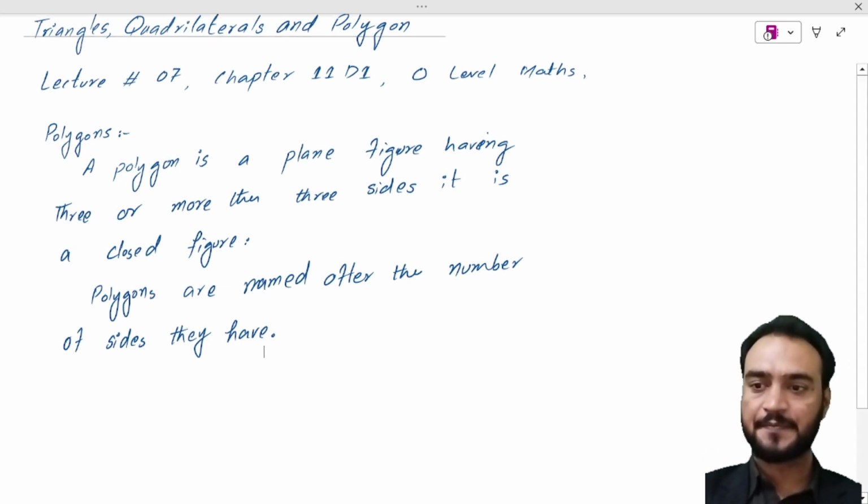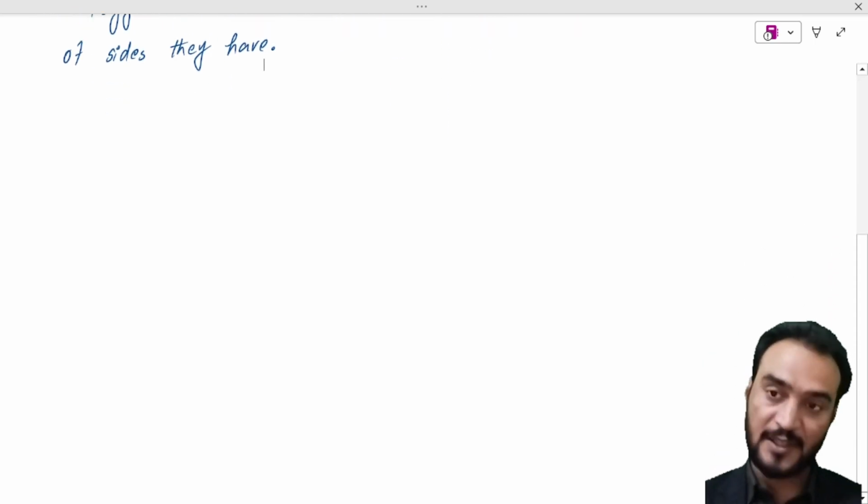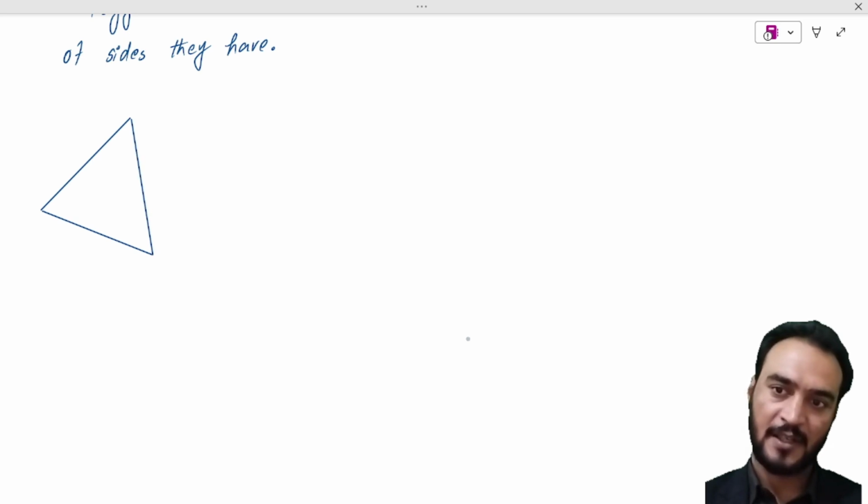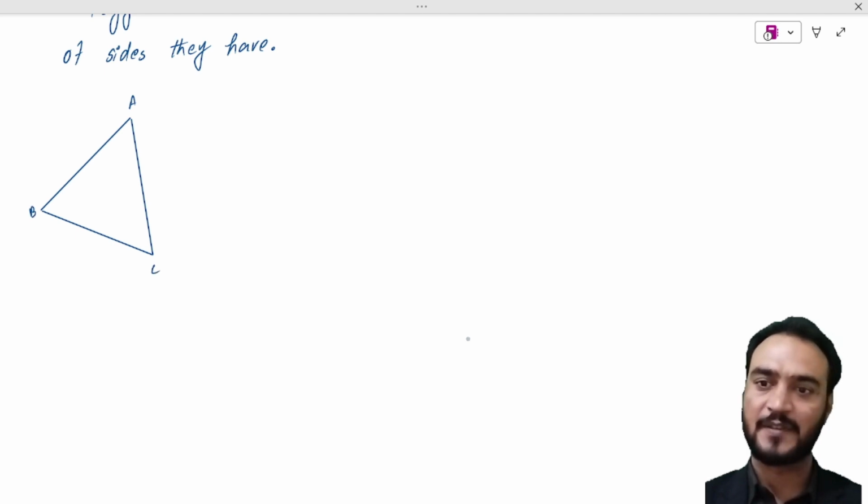For example, if there is a polygon having three sides, for example, this is a polygon which has three sides AB, BC and AC. This polygon has three sides, so that's why it is called triangle.